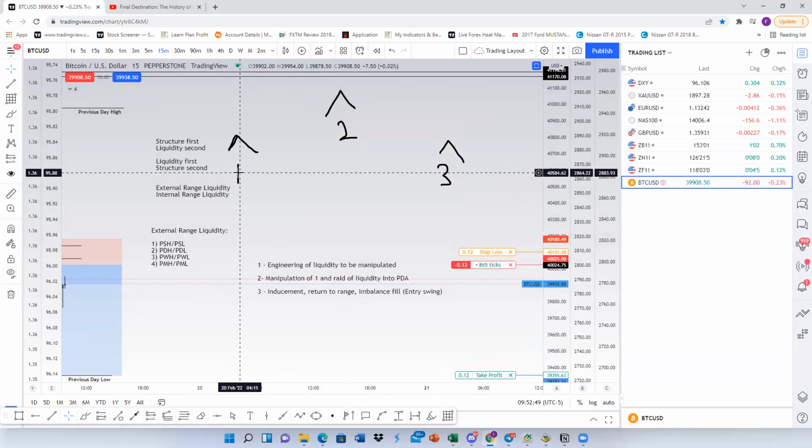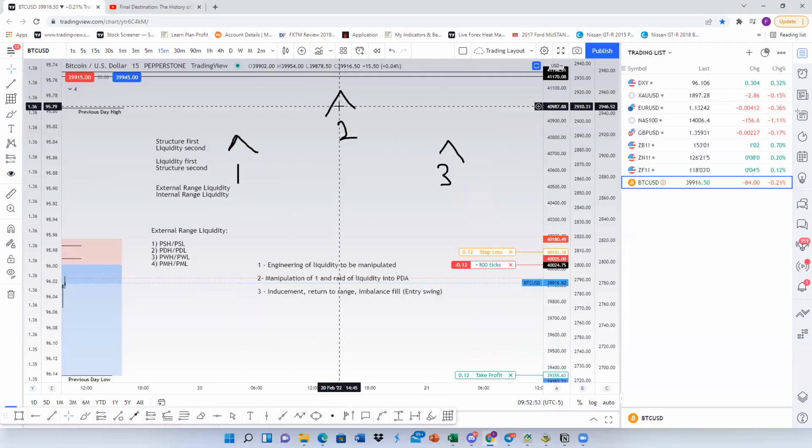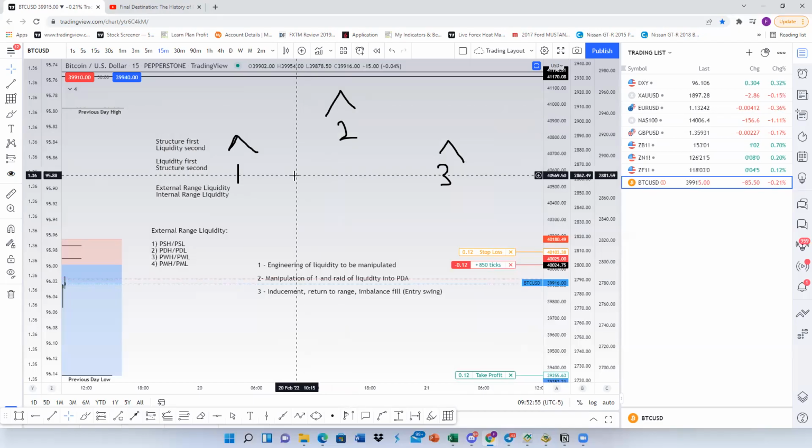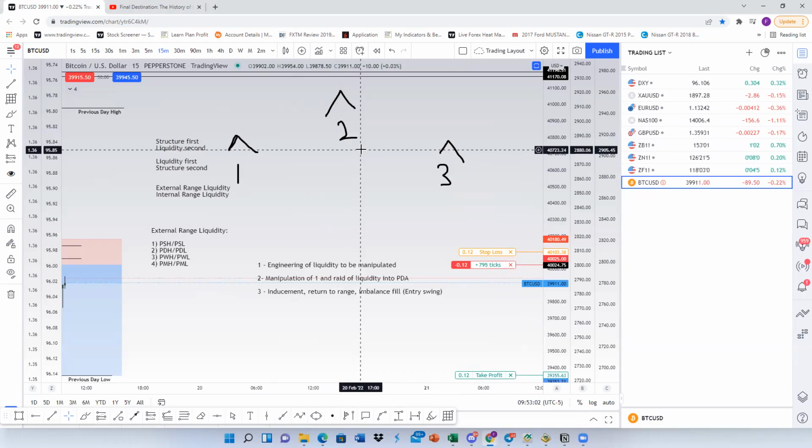Number 1, engineering of liquidity to be manipulated. So yes, you can trade the buy up over here by using the lowest of the lowest time frame. Number 2 is raid of external range liquidity into fair value gap, into PDRA matrix.